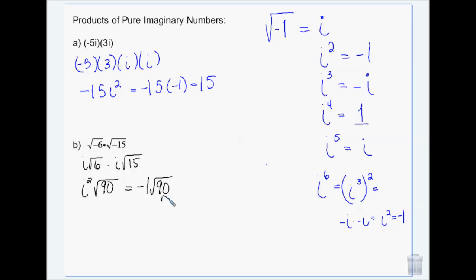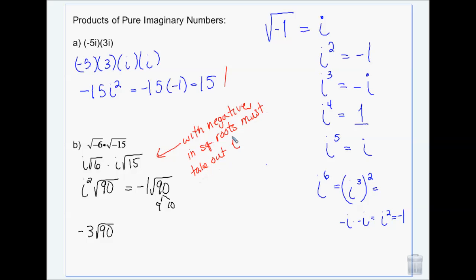And 90 is 9 times 10, which 9 is a perfect square, so I have negative 3 times the square root of 10, because I bring the 3 out times the negative 1. So if you have a negative in the square root, you have to take out the i's first.